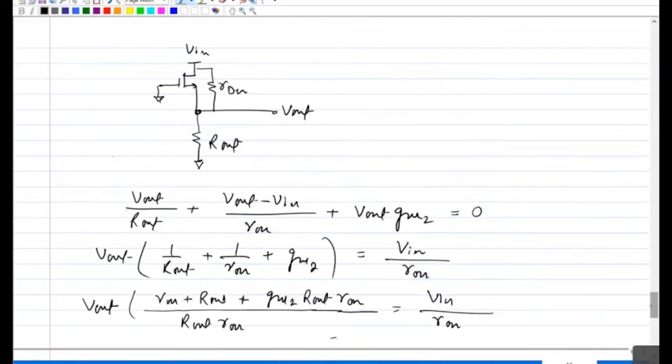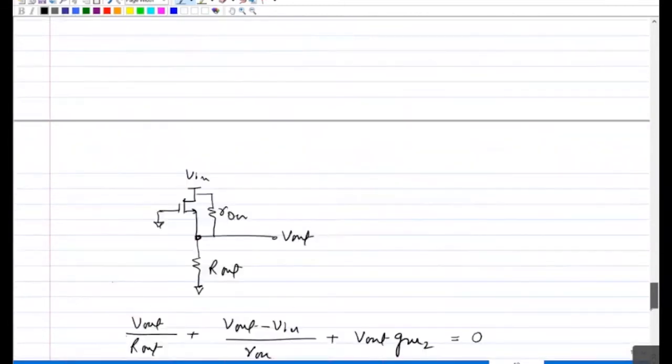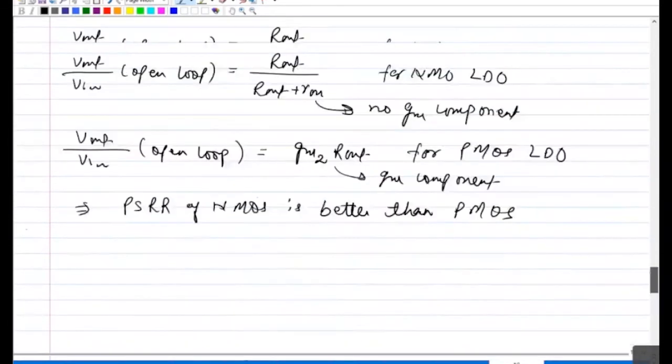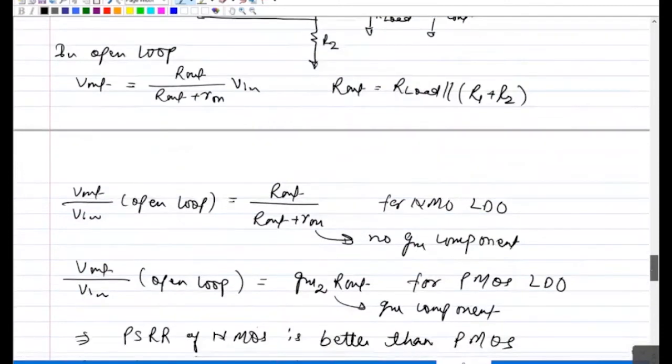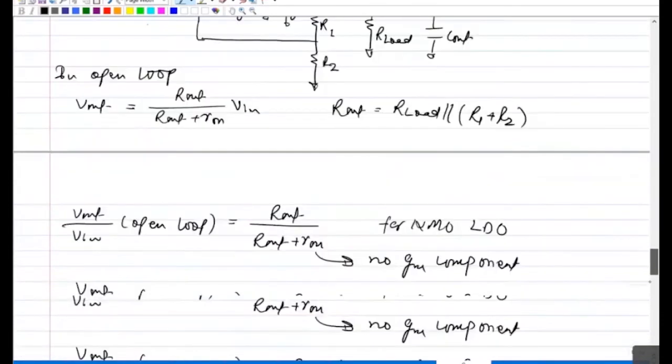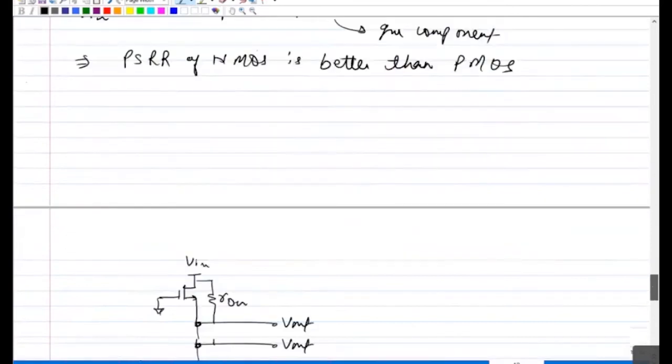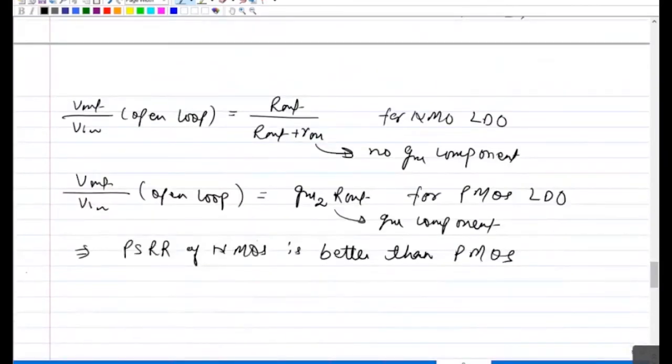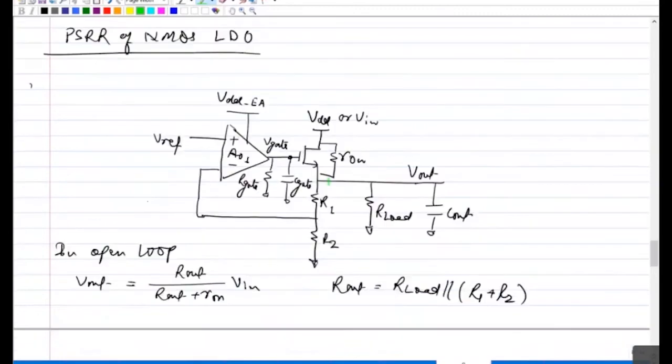So when we took this voltage divider, we are not considering the GM component. And what will the GM component do? Let's say something appears in the output through this R on, and that will get divided by the divide ratio.